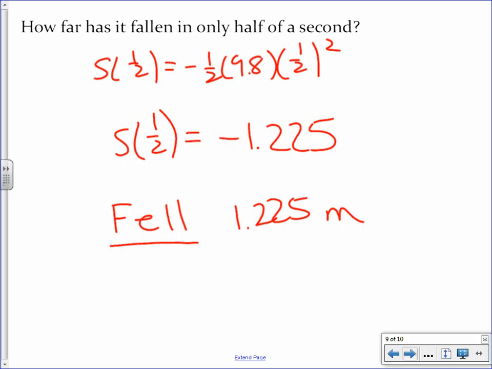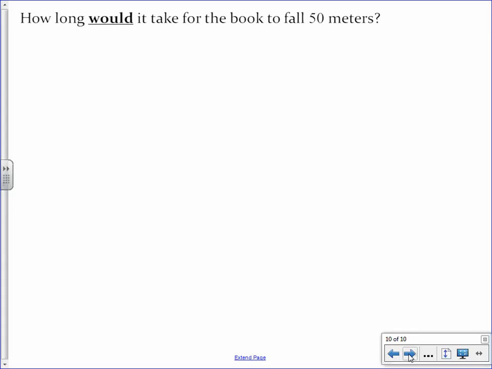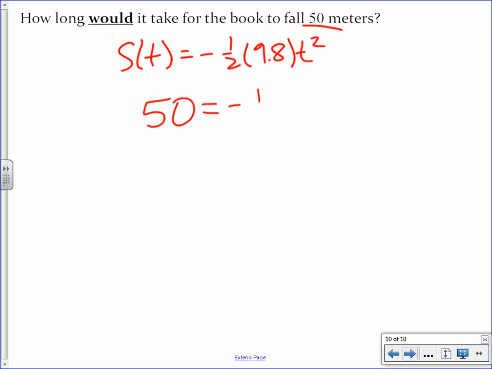Okay. Now, how long would it take for the book to fall 50 meters? What are we doing there? Okay, so our position is this. If I want it to fall 50 meters, that is our position, and then we need to look for the time.